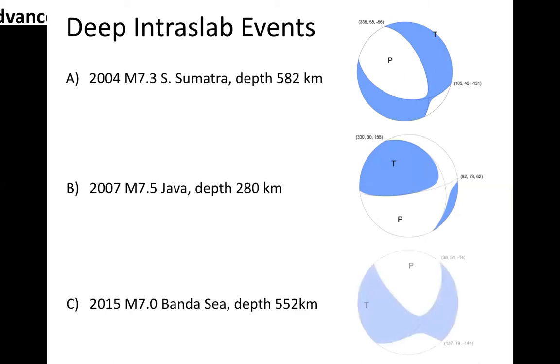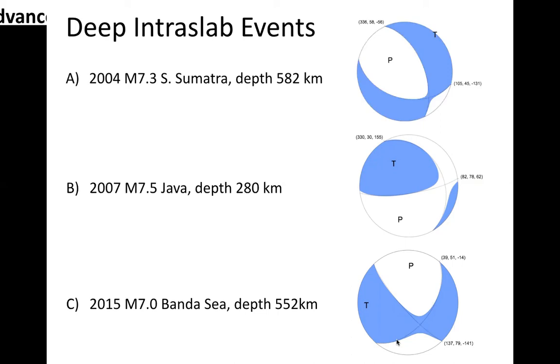An interesting one would be the magnitude 7.0 in 2015 beneath the Banda Sea. As we know, the Banda Sea is undergoing some very complex and intense deformation. So this strike slip mechanism may be related to that lithospheric folding, and also maybe some inherited fracture zones that were present within the slab prior to subduction.